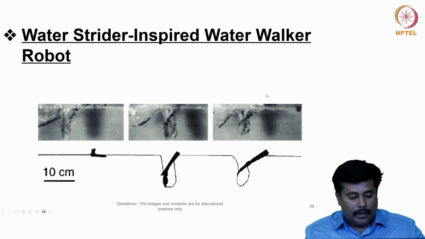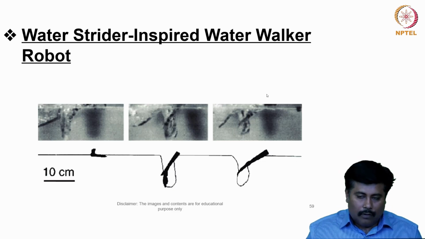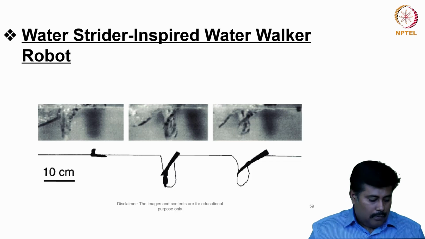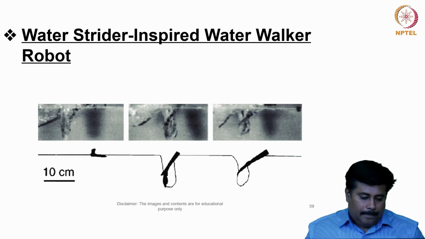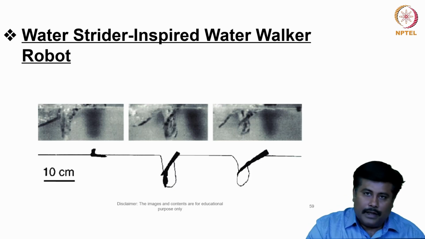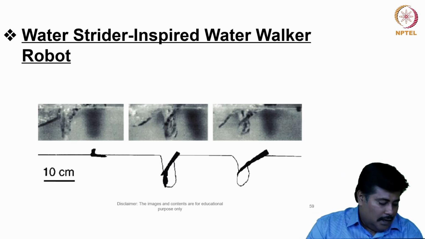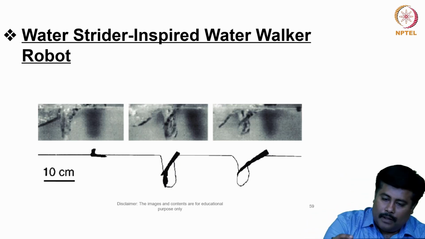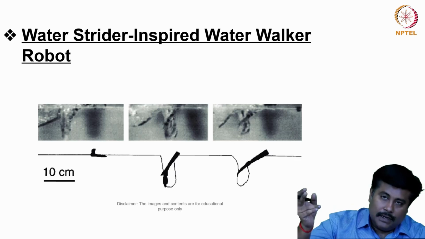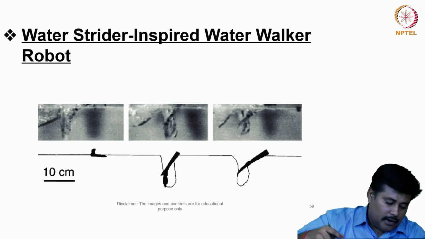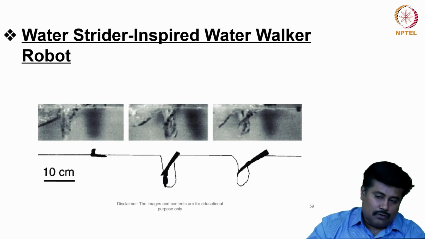Now, if we keenly observe the different mechanisms involved in such a water strider or water walker robot, we can categorize them as follows. In fact, we have discussed this in the earlier module also, about the slap phase and the stroke phase.